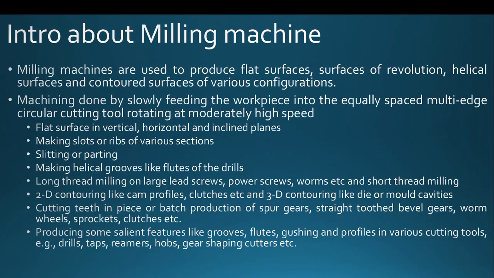We can make helical grooves in twist drills, and long thread milling on large lead screws, power screws and worms can also be done with the help of our milling machine.